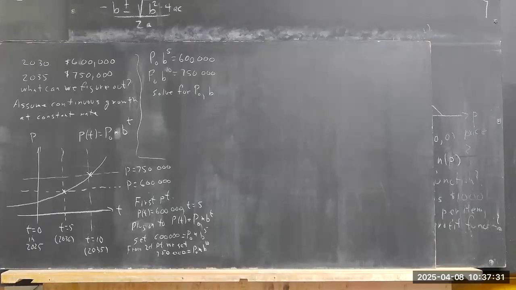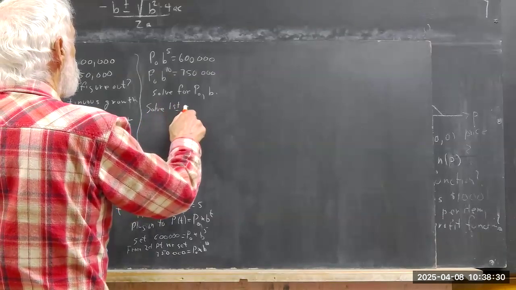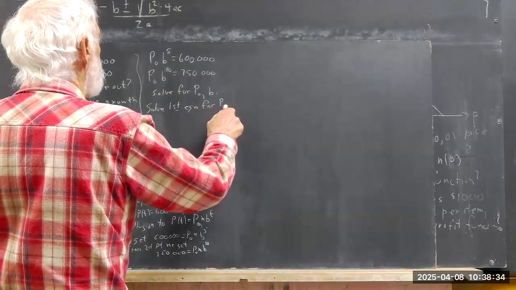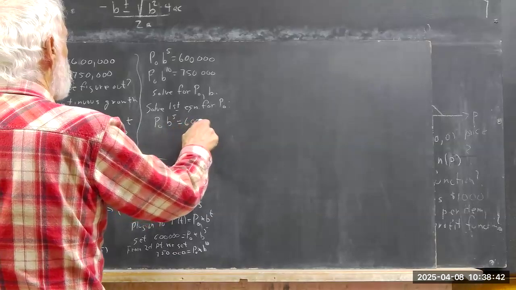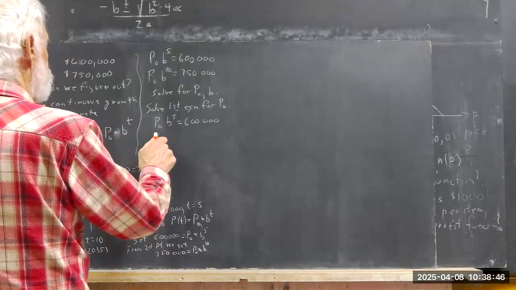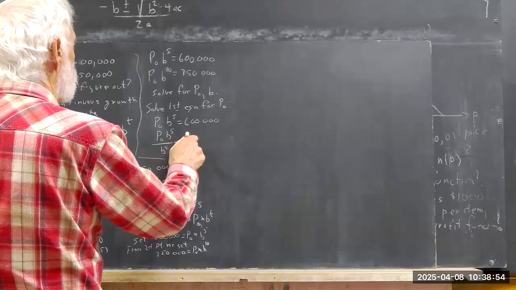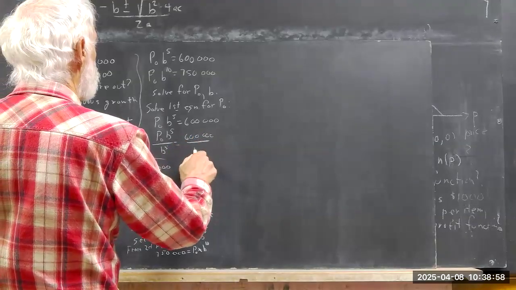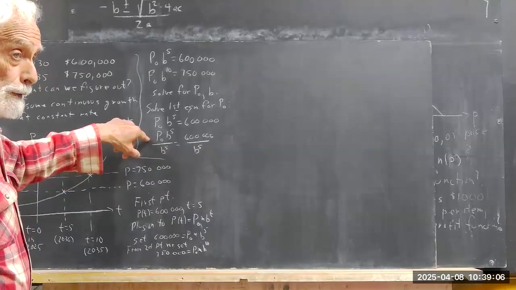So how do we do that? We can divide both sides by B to the fifth, and then we'll have P naught.